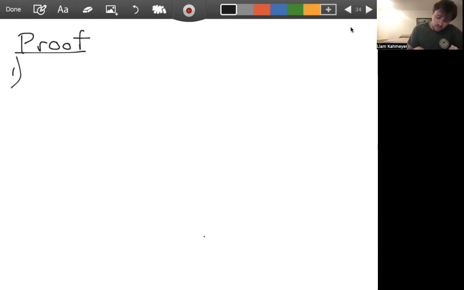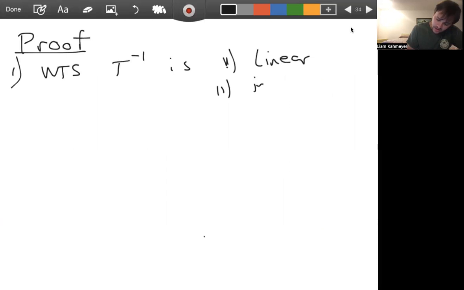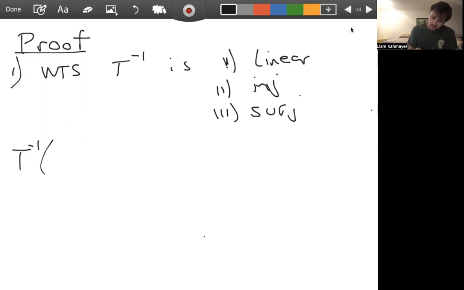So first, what do we need to do? We want to show that T inverse is linear. So 1, linear, 2, injective, 3, surjective, right? To show that T inverse is linear, we need to look at T inverse of a linear combination of elements in W, right?